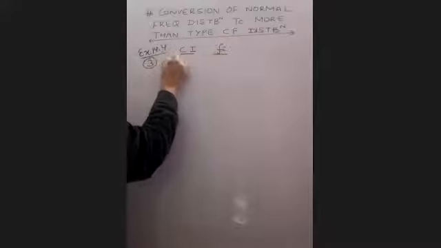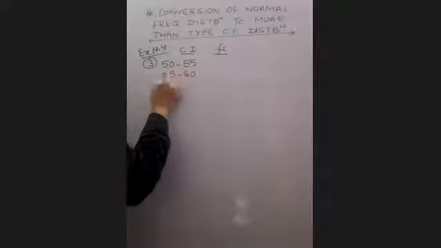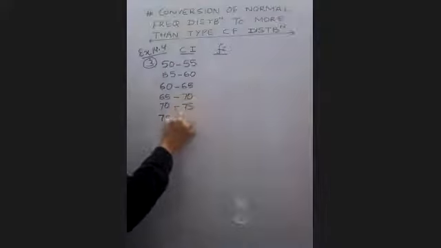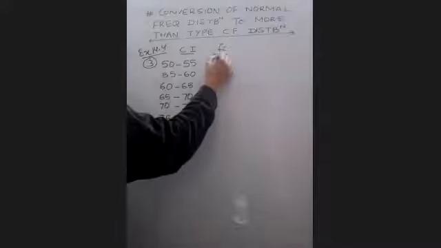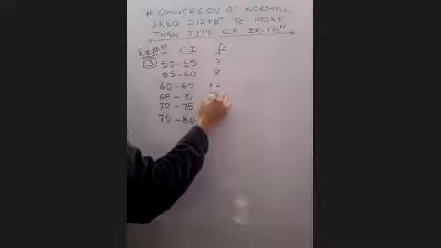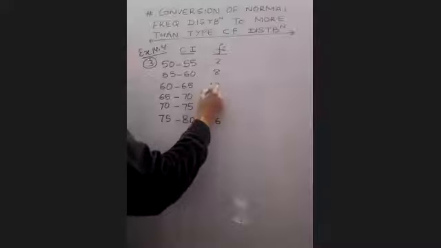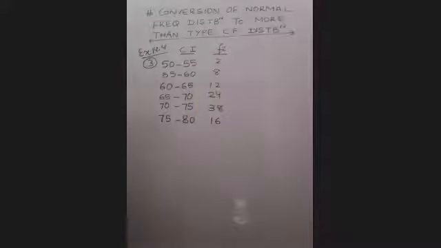Let it be 50 to 55, 55 to 60, 60 to 65, 65 to 70, 70 to 75. Okay, so this is the data I have taken from there.